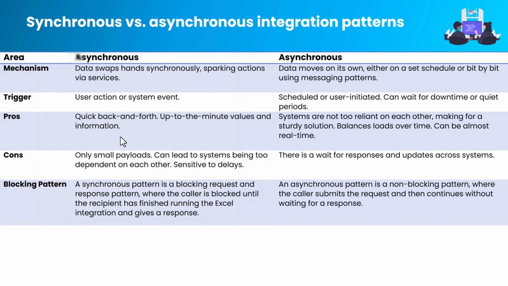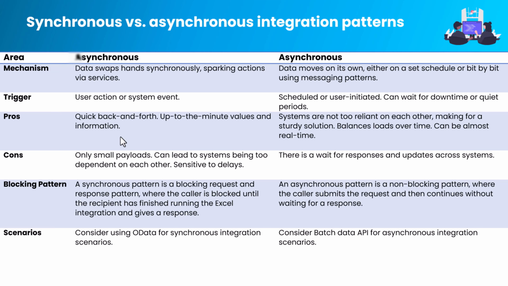Now we'll discuss another point, the scenario: in which scenario you need to consider what. You can consider using OData for a synchronous integration scenario. For asynchronous, you can consider the batch data API.